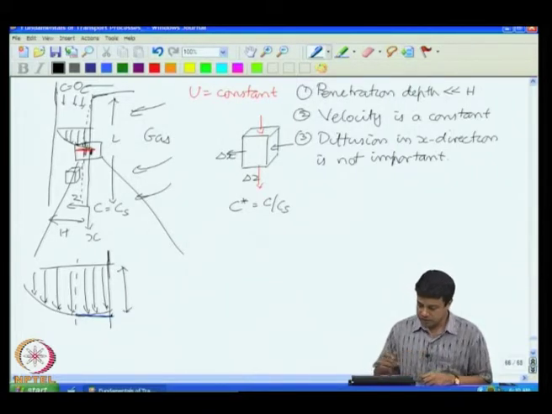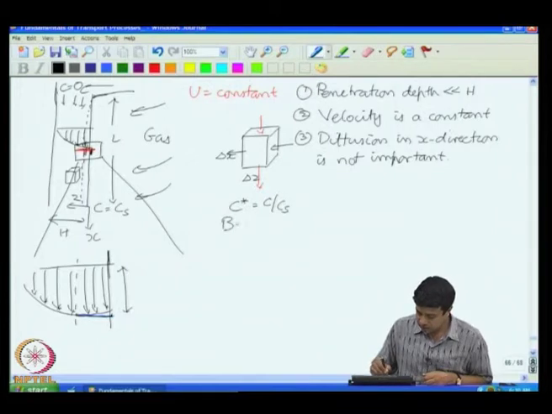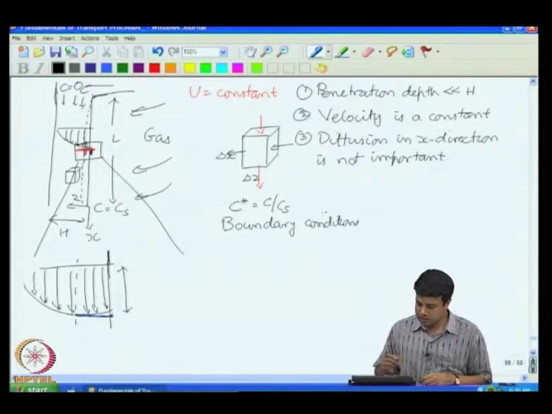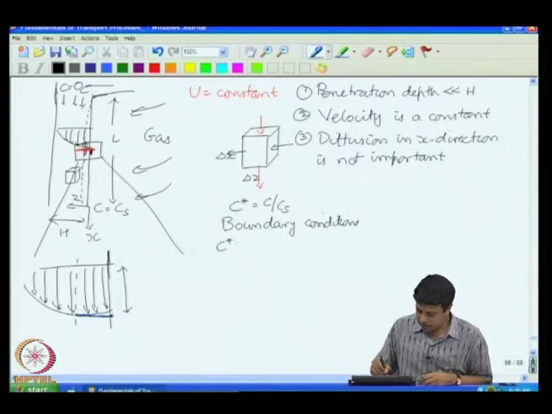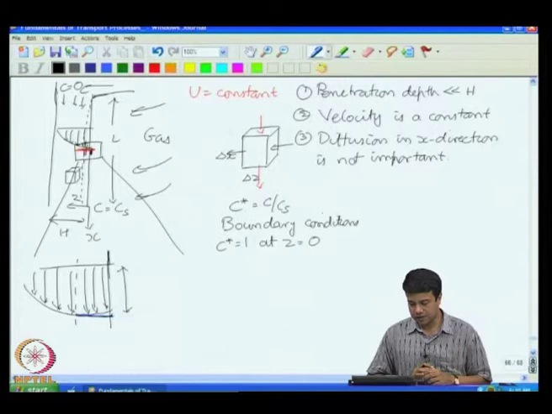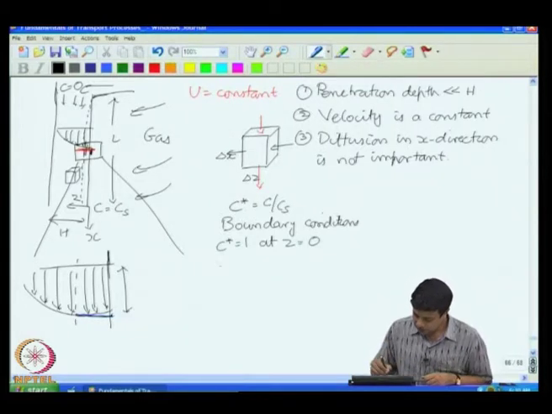What I do know is the boundary conditions. Boundary conditions in this case are that C star is equal to 1 at z is equal to 0. At the interface itself, C star is equal to 1. And C star is equal to 0 as z goes to infinity.